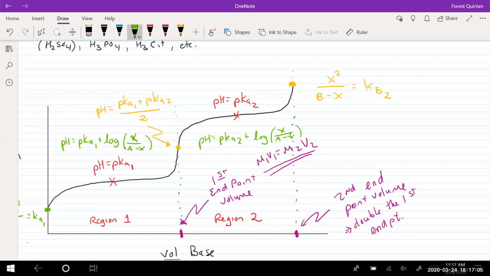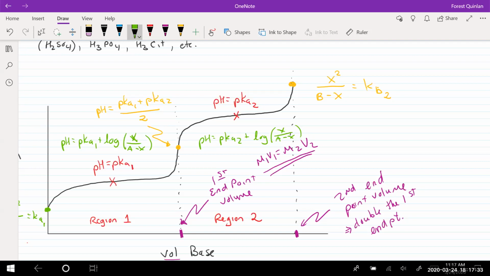As I stated at the beginning, it looks like I drew essentially the same monoprotic acid curve and I just raised it up a little bit. That is exactly right. They will behave exactly the same way. The only difference is the scaling factor, and that pKa2 is going to be our scaling factor to accommodate for the fact that we're in the new region.